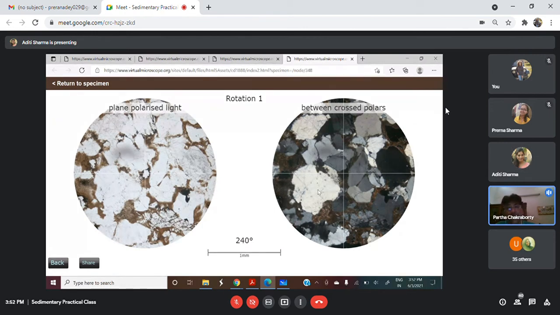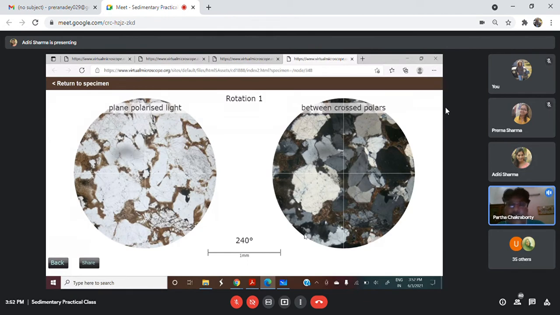These quartzes are monocrystalline quartz. If we see the polycrystalline quartz here, what is the number of subgrains? I can see two major subgrains. One is blackish and another is whitish. And what is the contact between the two subgrains? The contact is very irregular, and there is no specific direction of the contact.